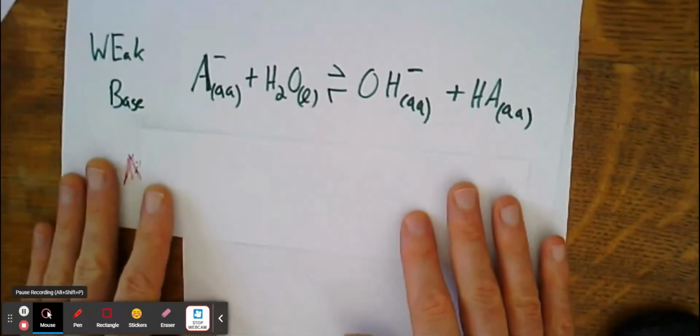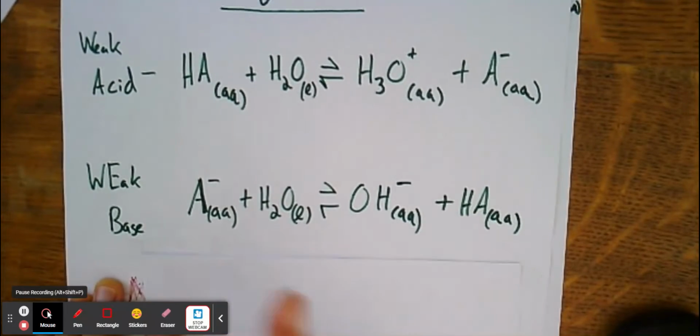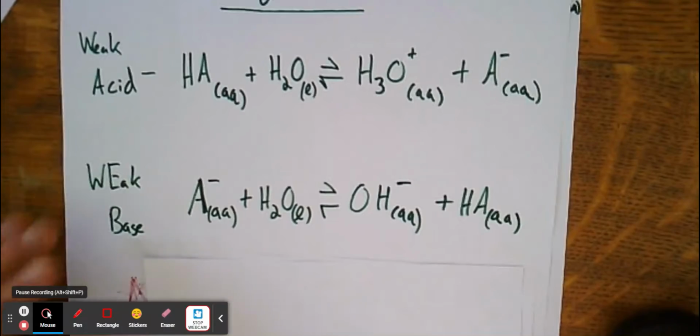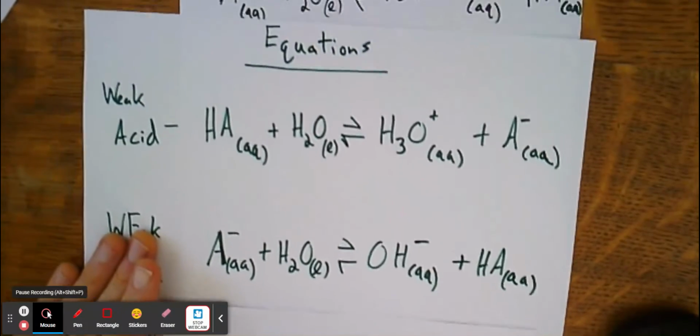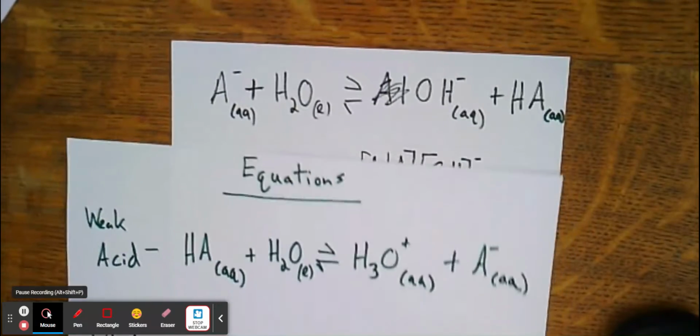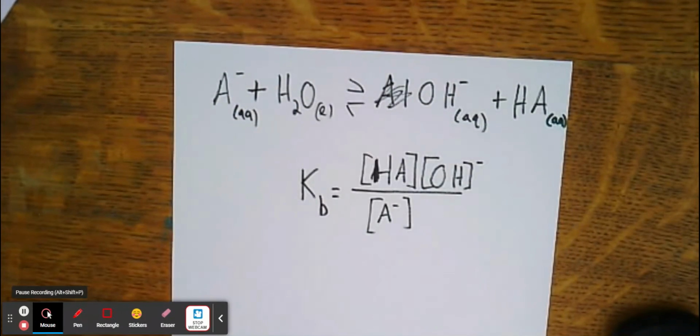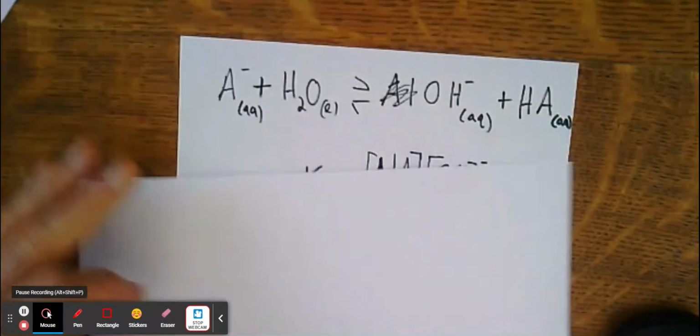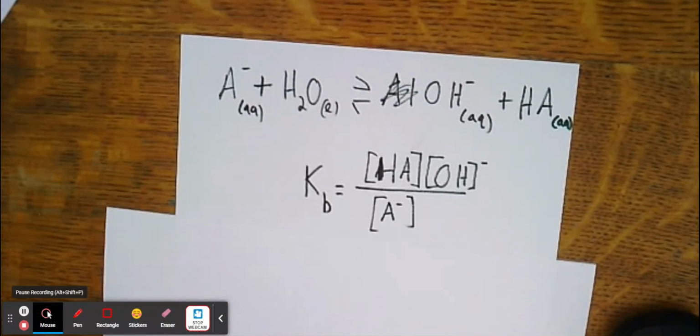Now, I want to go back to the original two equations that were like mirror images of each other that ended up as the autoionization of water, and talk about the one that's not on the AP reference, mainly this one, and talk about its equilibrium constant. There it is.